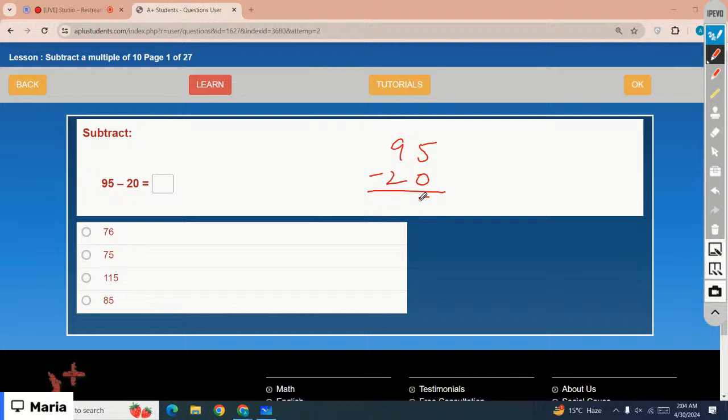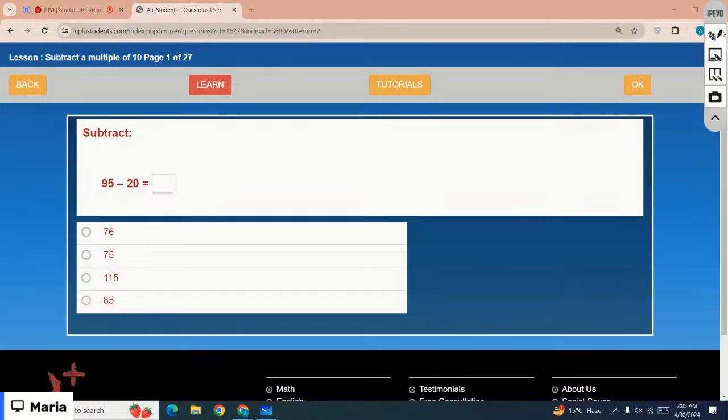So 5 take away 0, you have to keep the number as it is. 5 minus 0 is 5 and 9 minus 2 is 7. So 95 minus 20 is 75. The correct option is 75, the second one.